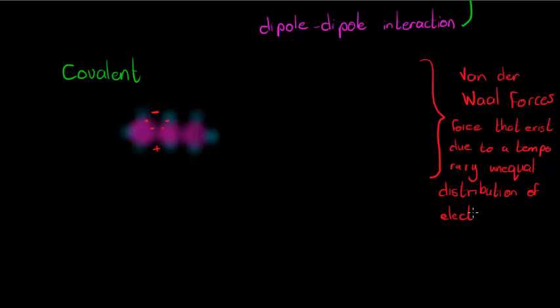That temporary unequal distribution of electrons causes a certain charge at a certain point, and that is called van der Waals forces.